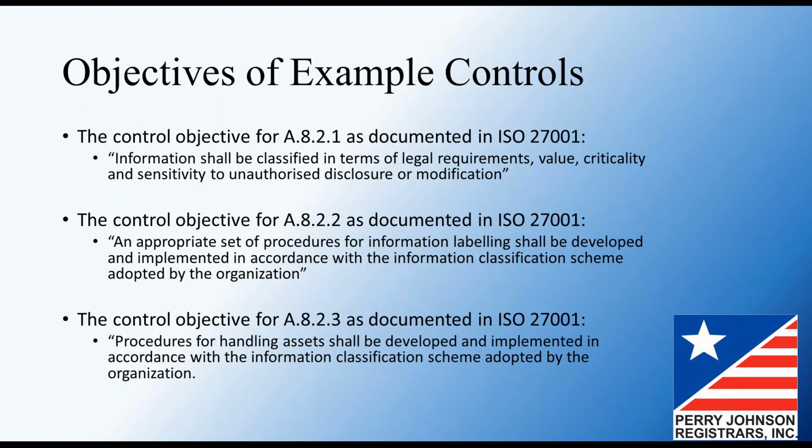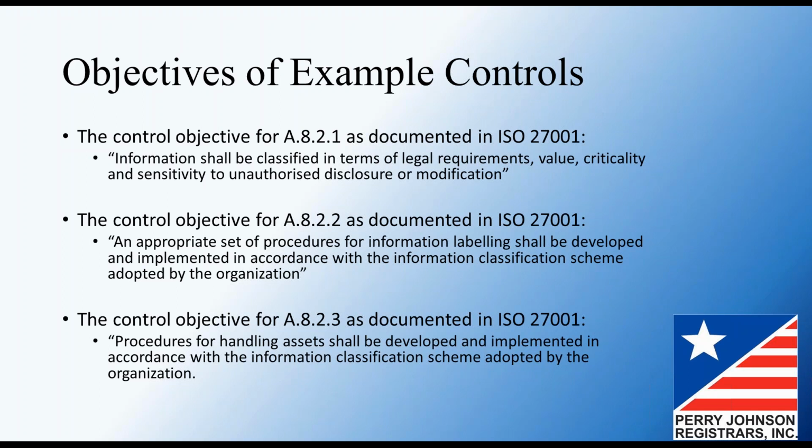So I wanted to just take a look at the control objectives of the example controls we're looking at here. Now, these control objectives come from Annex A in the standard. So this is just copied directly from the standard itself. A.8.2.1 says that information shall be classified in terms of legal requirements, value, criticality, and sensitivity to unauthorized disclosure or modification.